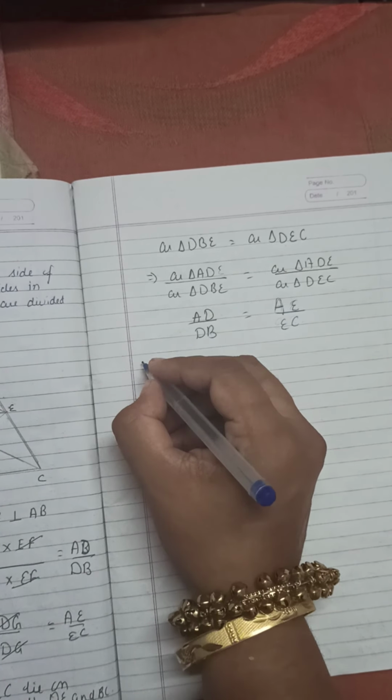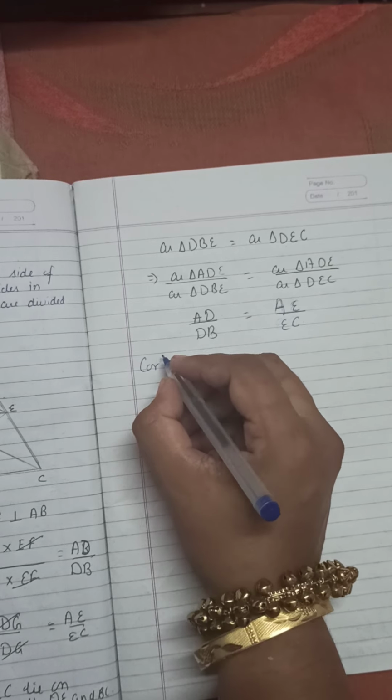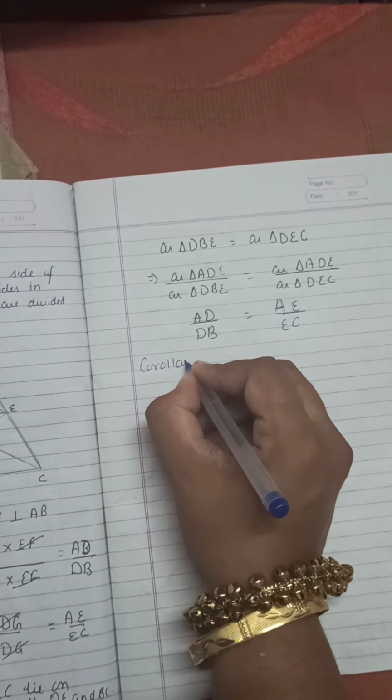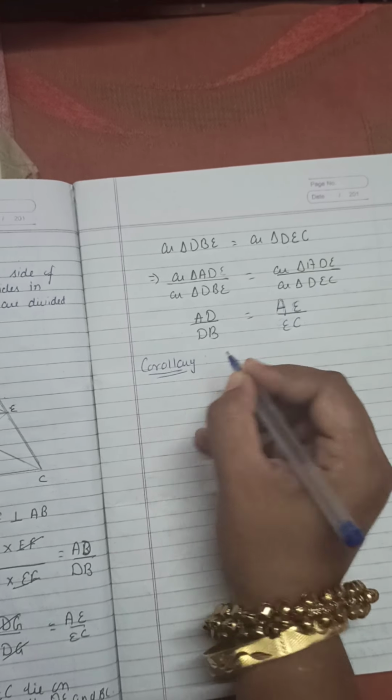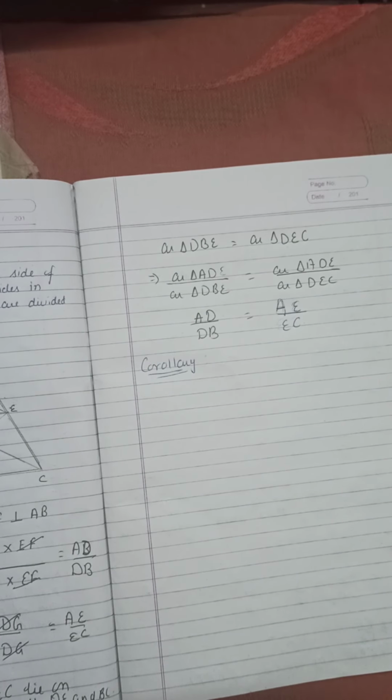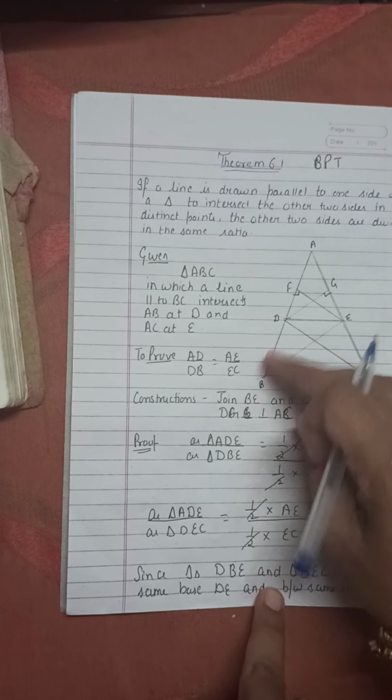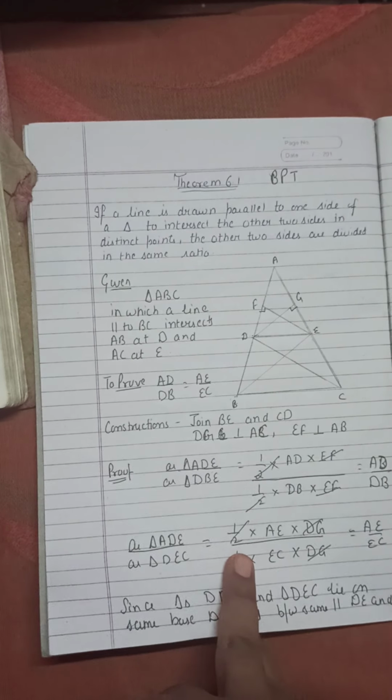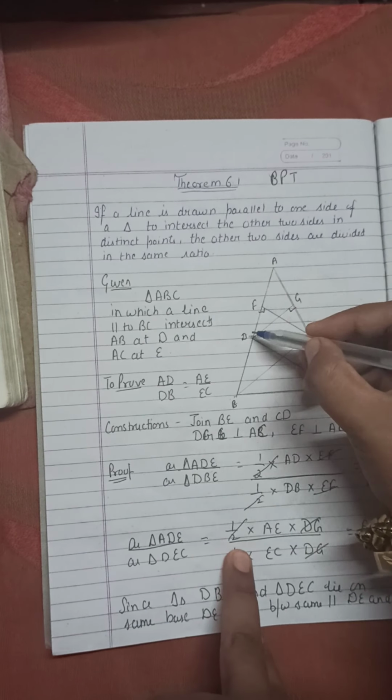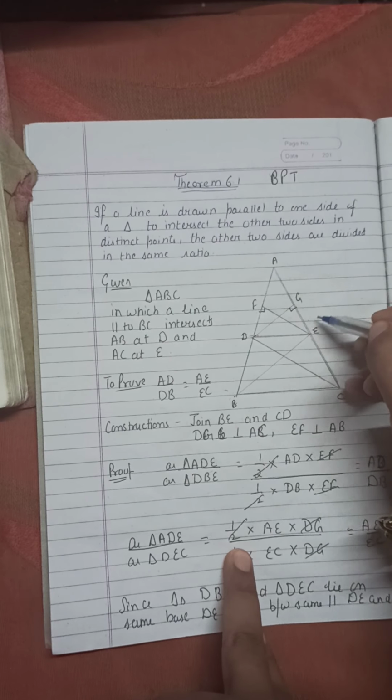Now I am going to prove one more corollary, because I am going to use this corollary in other questions. If the ratio AD over DB equals AE over EC, but if it is given as AD over the whole AB and AE over the whole AC, you can also take this.